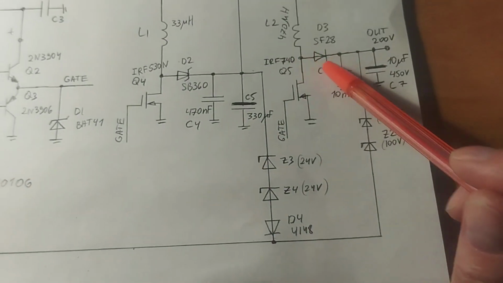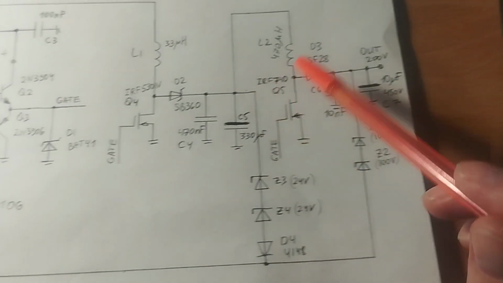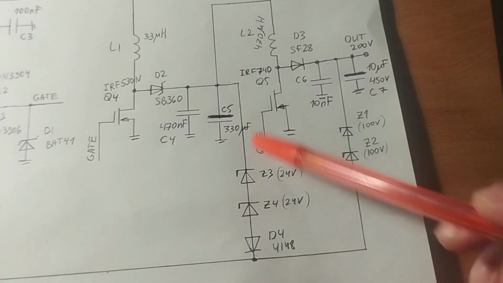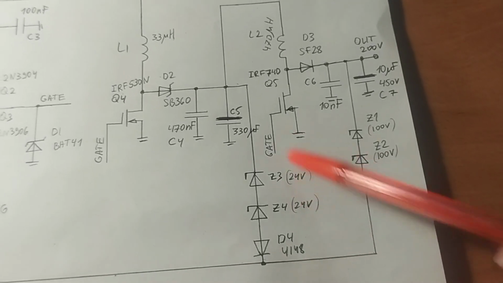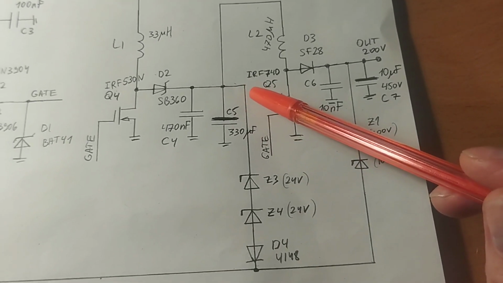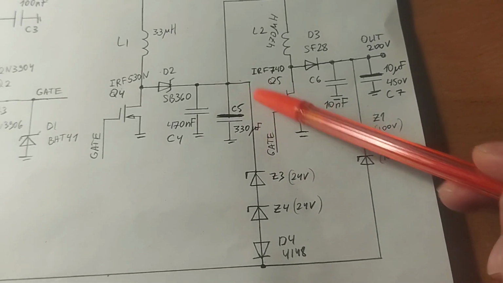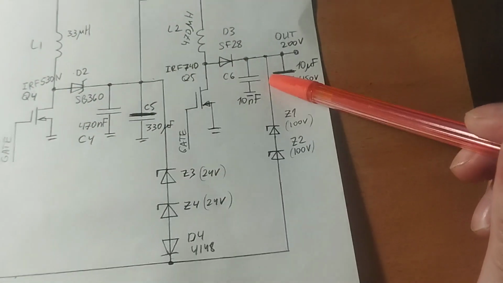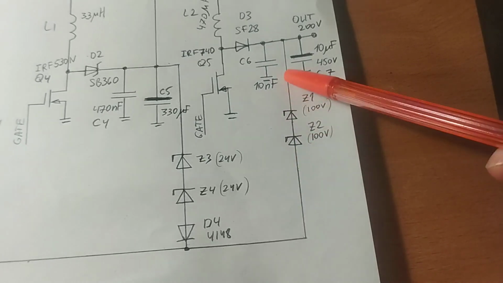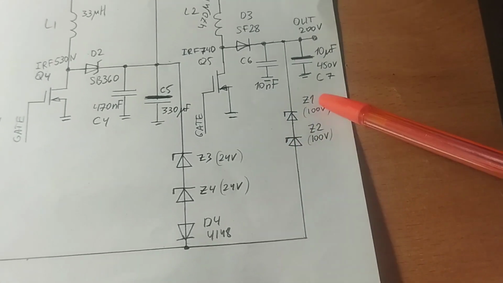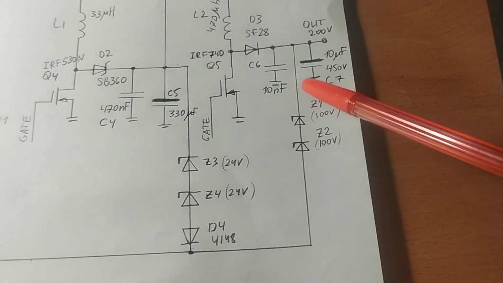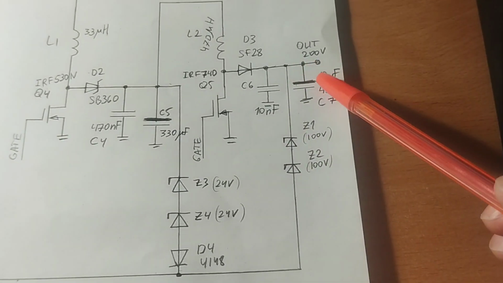To control the output voltage, we have two negative feedback loops. The first loop consists of two diodes, so the maximum output voltage is roughly 49 volts, and the second, which is also the main control loop, consists of two Zener diodes with a common voltage of 200 volts.